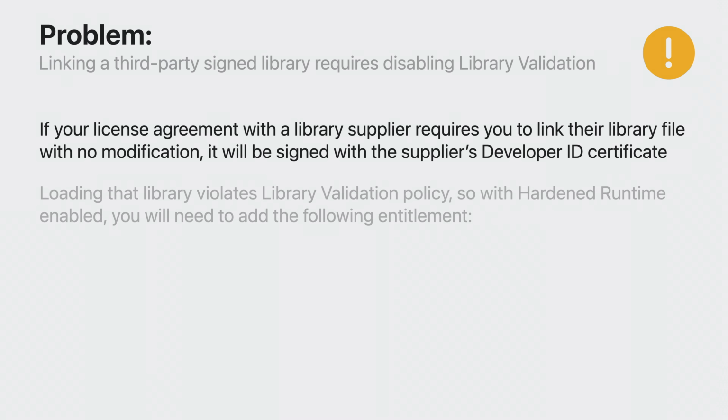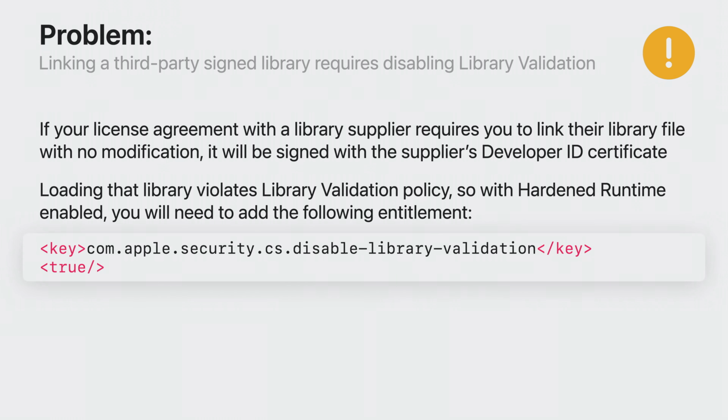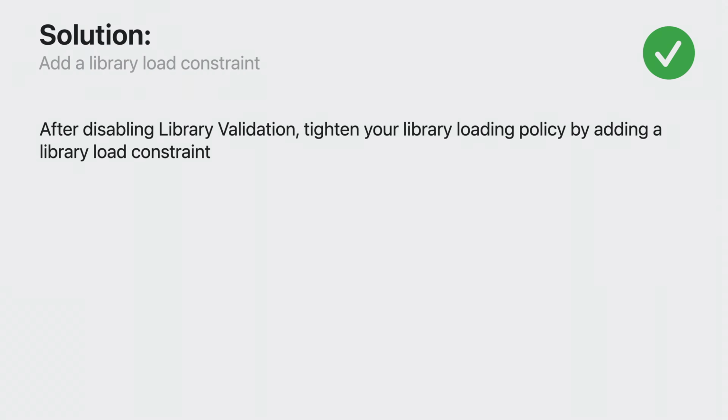Finally, let's talk about library loading. If you are obligated to link a library from another development team without modification, then to get your app notarized with hardened runtime, you'll have to adopt the Disable Library Validation entitlement. Unfortunately, that means your app can now load code signed by anyone, not just the trusted developer you got the library from. To address this problem, you can adopt a library load constraint.